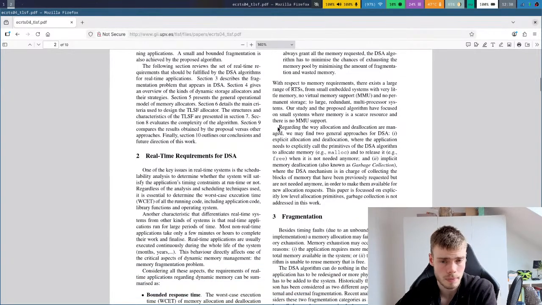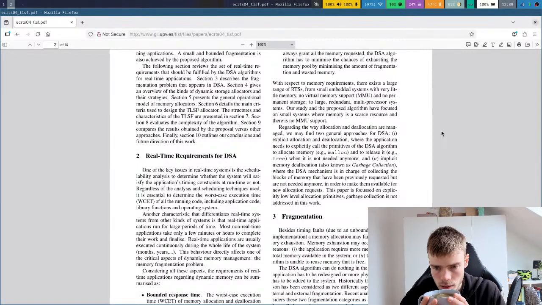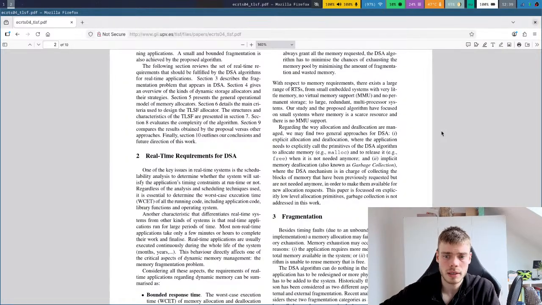Regarding the way allocation and deallocation are managed, you may find two general approaches. One, explicit allocation and deallocation: the application needs to explicitly call the primitives of the DSA algorithm to allocate memory, for example malloc, and release it when it's not needed anymore.